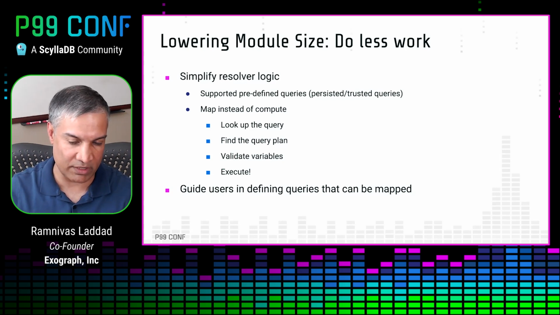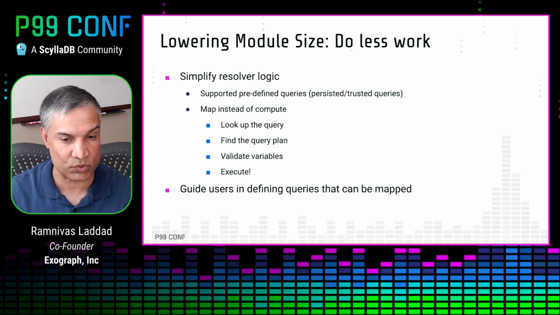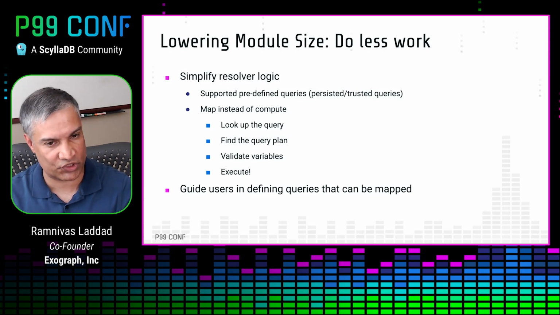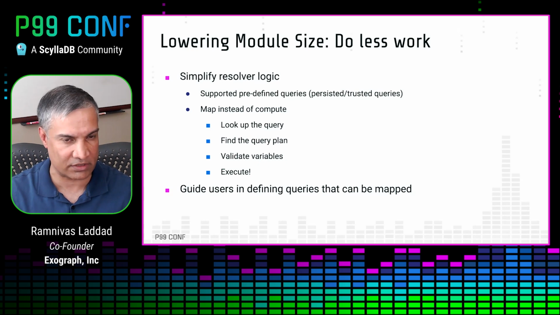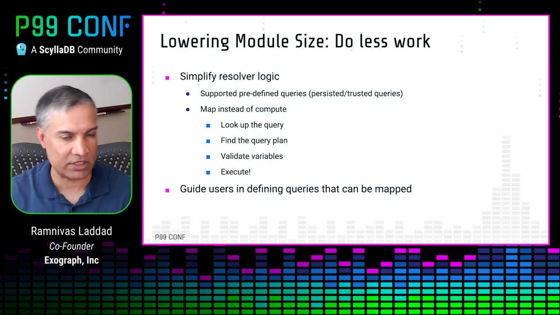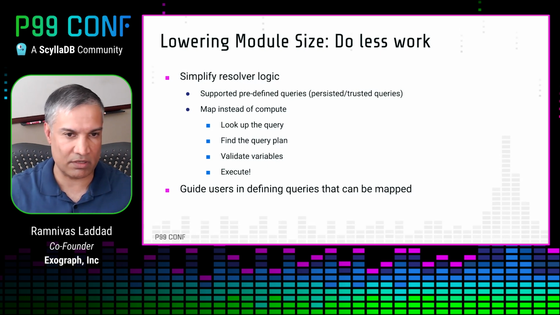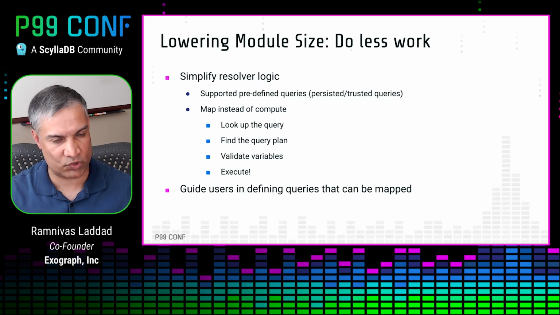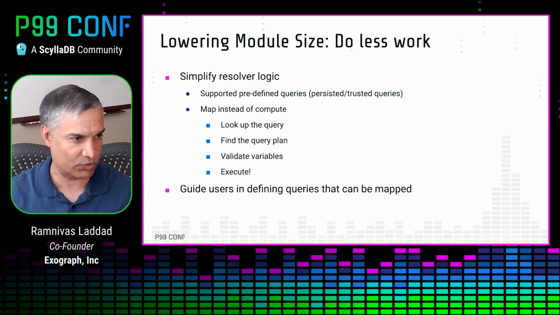After parsing, we compute what SQL needs to be performed, what it needs to be translated into, such as join, selection, CTEs, etc. So rather than doing all that logic and taking the attendant code, we can do a lookup. So look up the query, get the query plan, make sure the variables are appropriate, and execute it.